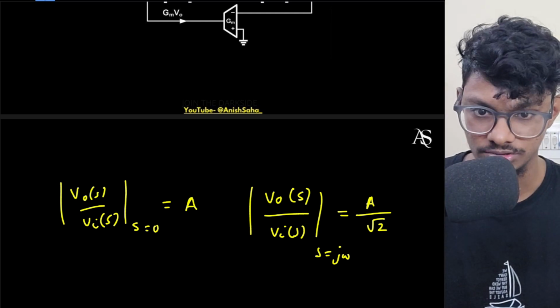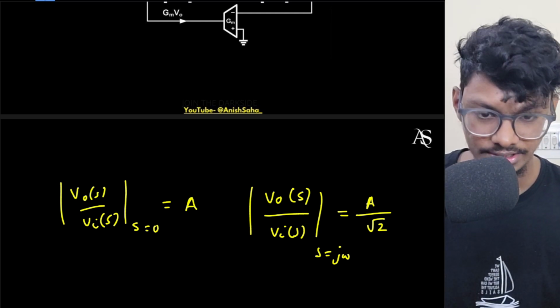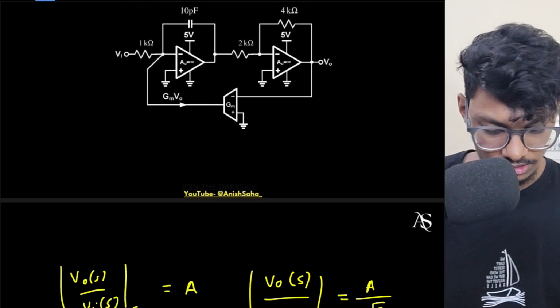That is the main concept behind this 3 dB frequency. It is 3 dB down from the peak value.